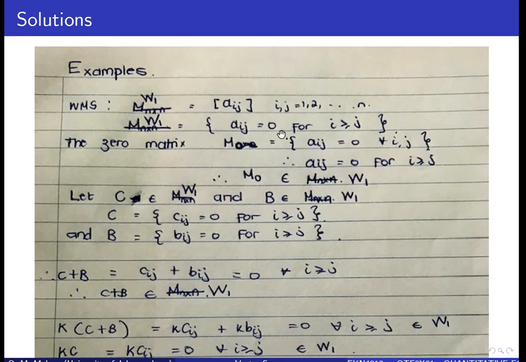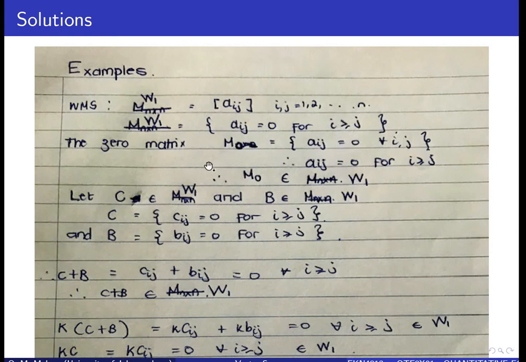Remember your upper triangular matrix is defined in the sense that above your diagonal you have non-zero numbers, and everything underneath your diagonal will be 0. So we have Aij equal to 0 for all i greater or equal to j, those are the entries of your matrix that are on or below your diagonal.